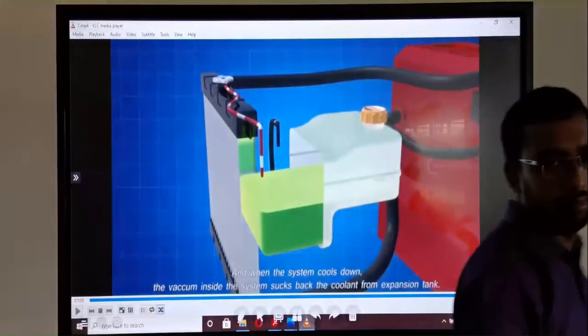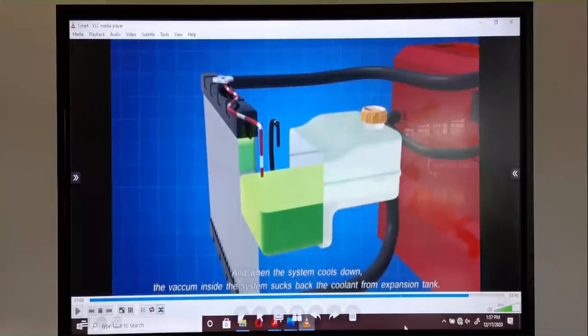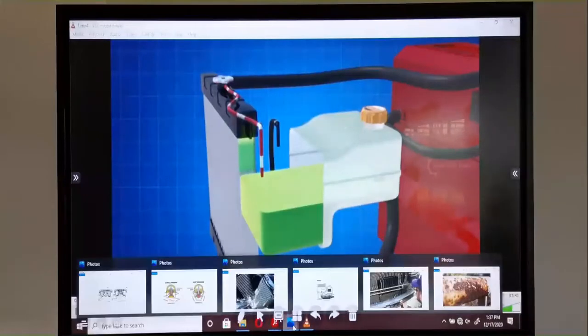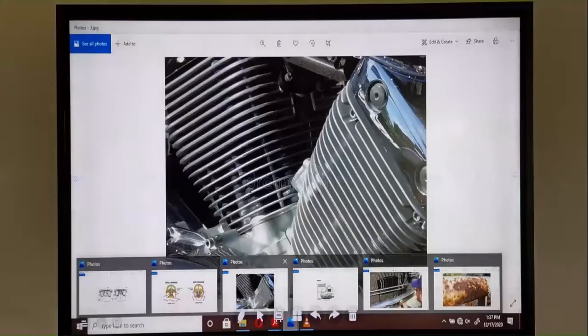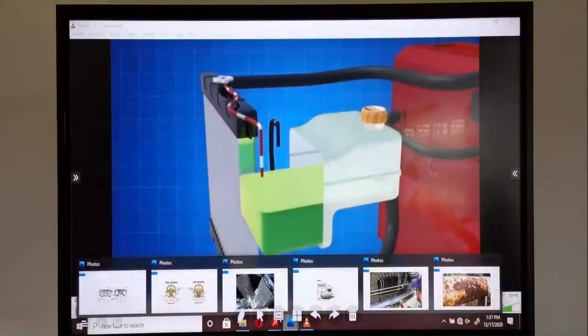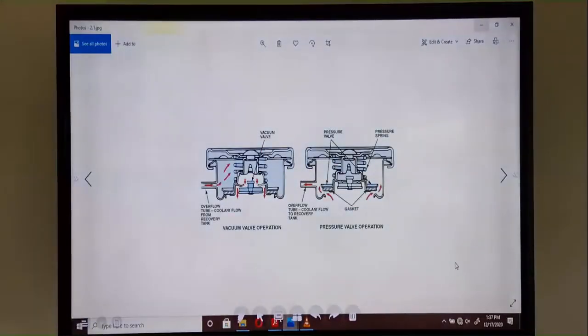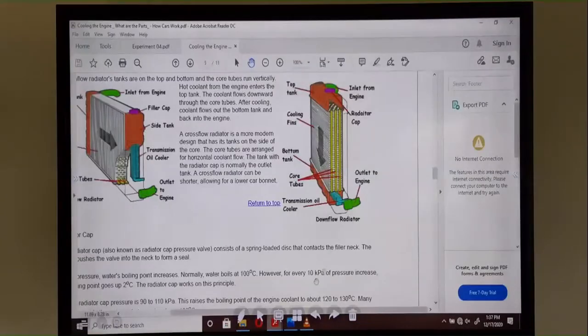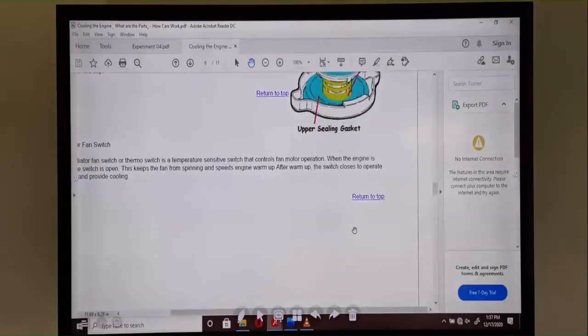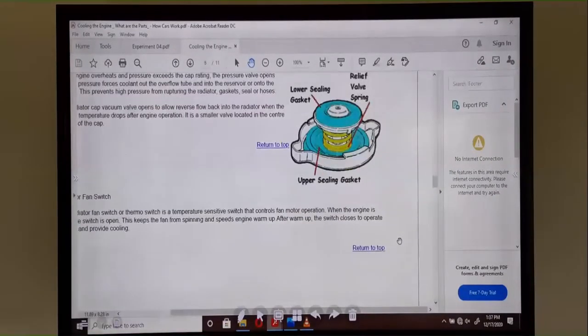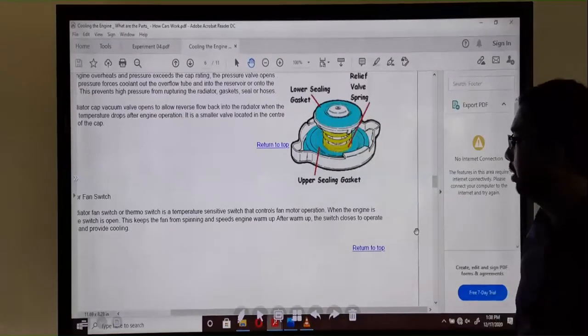Let's see. Here is the pressure cap. You can see there is a spring.